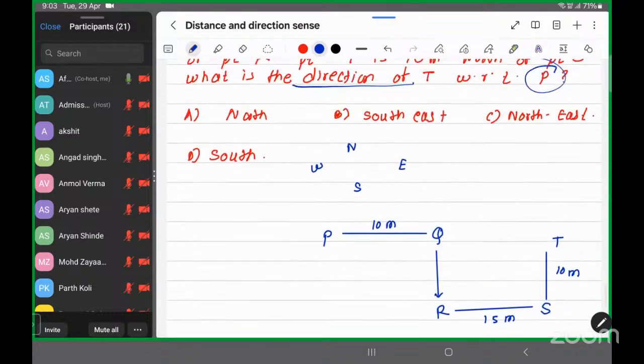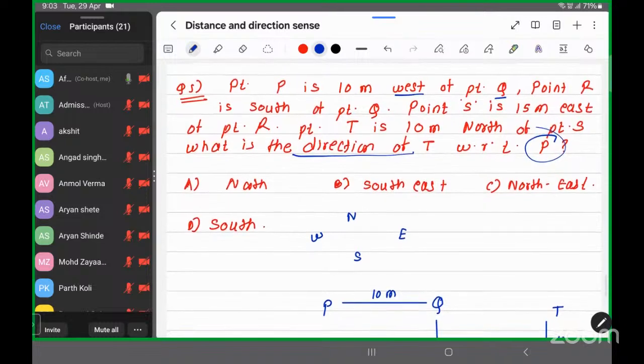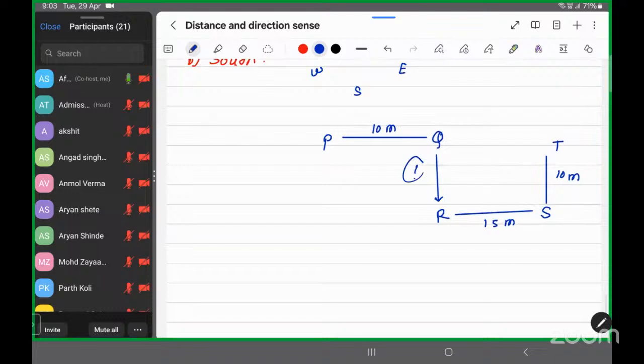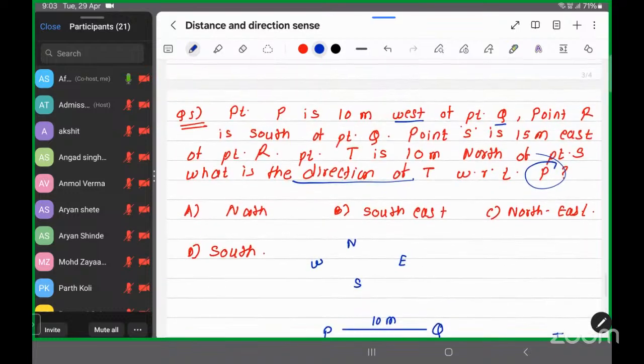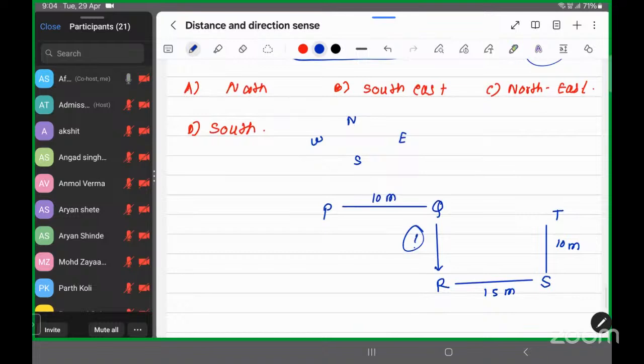Point T. Then what is the direction of T with respect to P? You don't know the distance between Q and R, na. Point R is south of point Q. Yes. Then what is the answer?